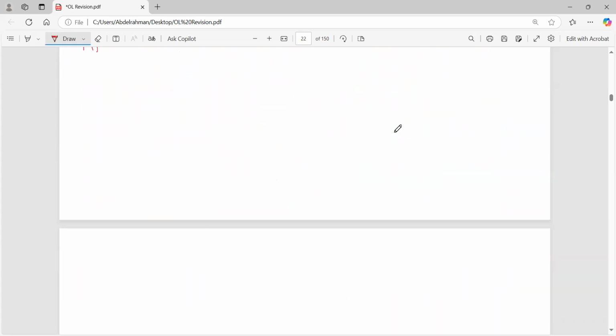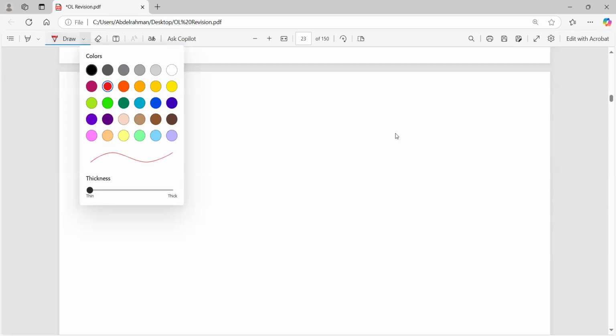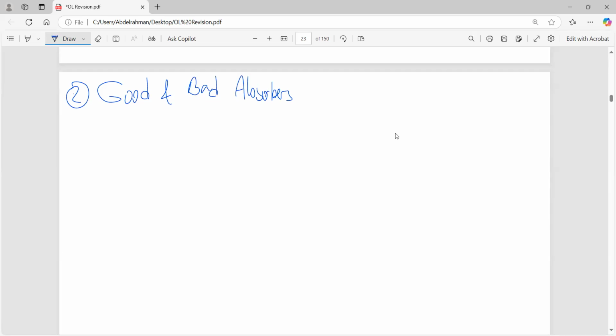Can I give you another example relating to the difference between good and bad absorbers? Yes, I can do that. Let's write it down. Good and bad absorbers, but this time. So in this case, I will have a heater in the middle.